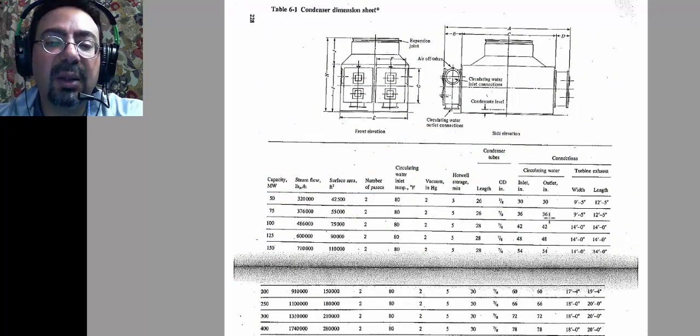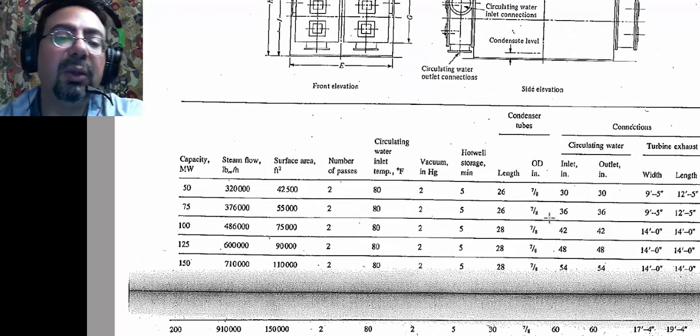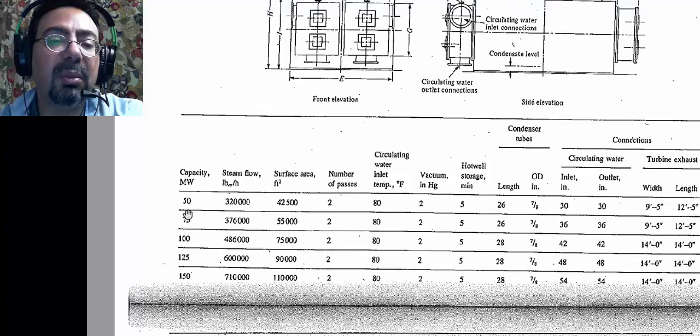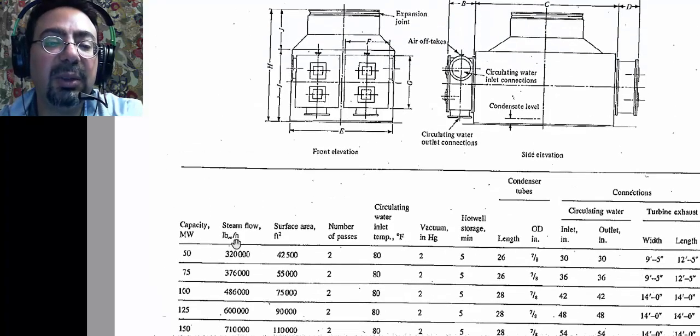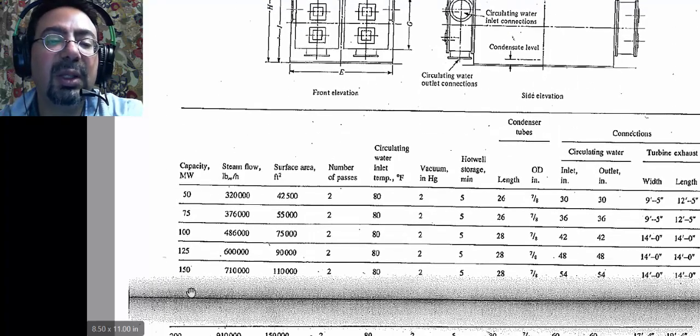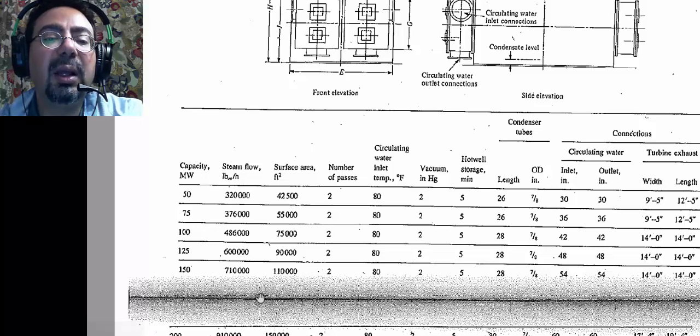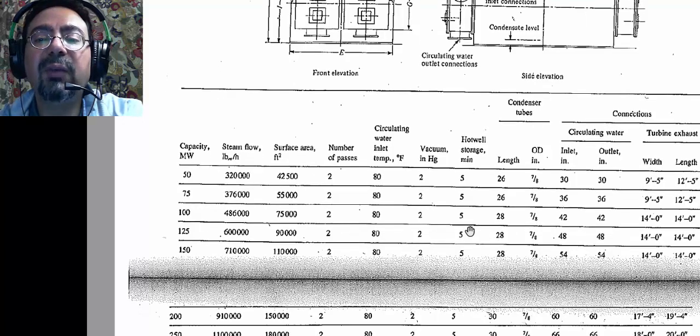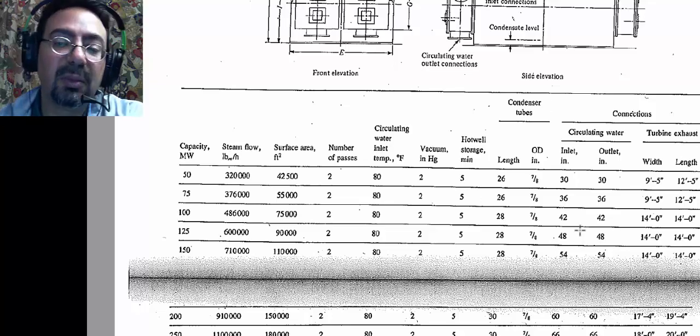Now to size a condenser, you need to tell yourself how much heat you need to get out in that condenser depending on its size, and they will tell you what is the steam flow rate that's allowed to go through there, the surface area, and you can figure out how many tubes are needed, and what is their dimension.